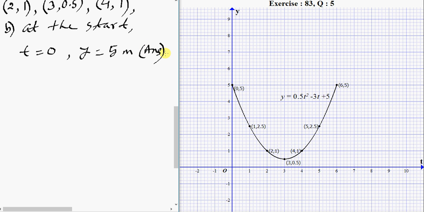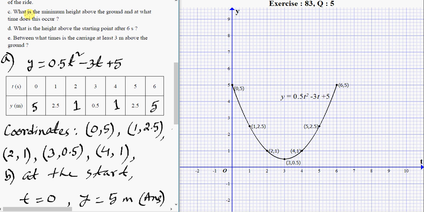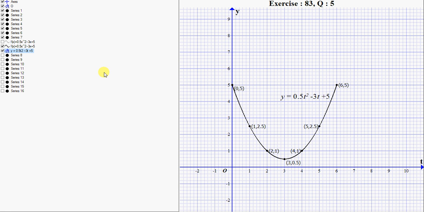Question number C, what is the minimum height above the ground and at what time does this occur? So obviously this point is the minimum point. At the minimum point we have to draw a line parallel to the x-axis, then we will get the height and the time also. First we will draw from the minimum point a parallel line to the x-axis.